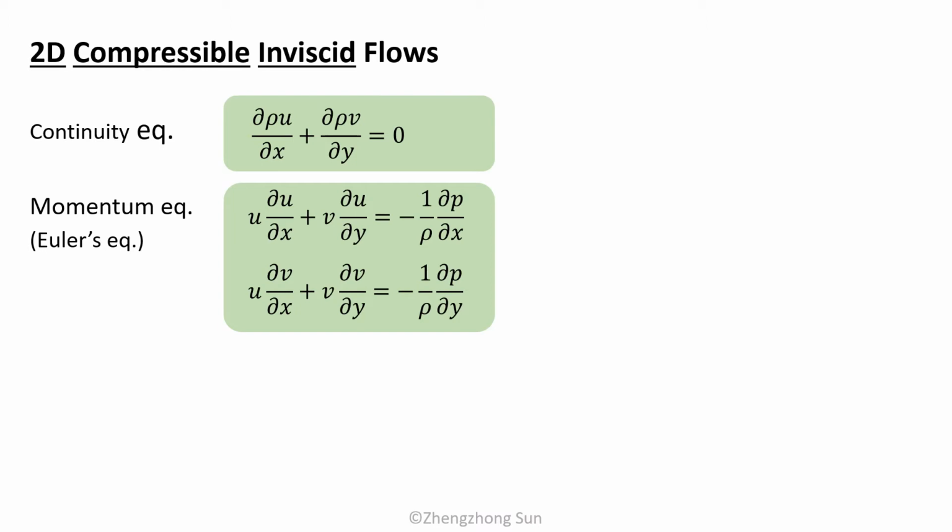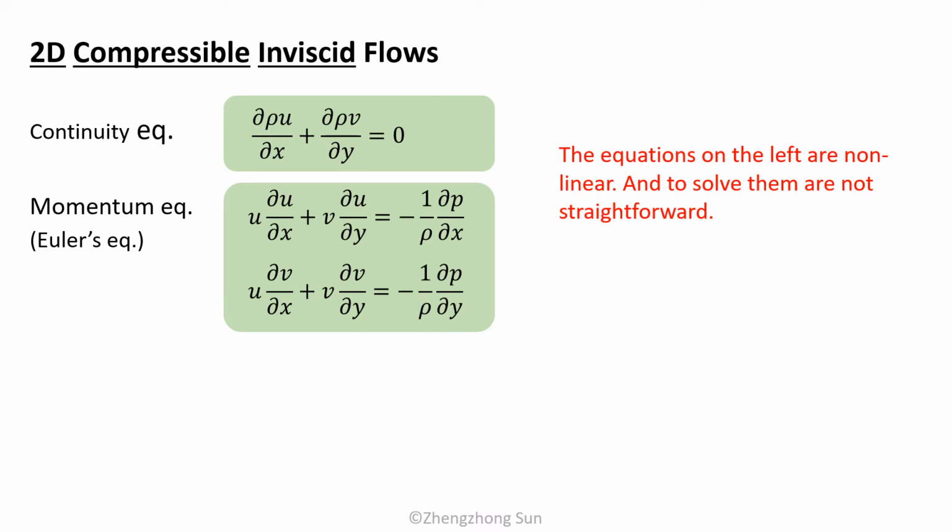Since we take into account the density change, in the continuity equation the density rho is within the partial derivative. Apparently the three equations on the left are nonlinear, and to solve them is not straightforward.